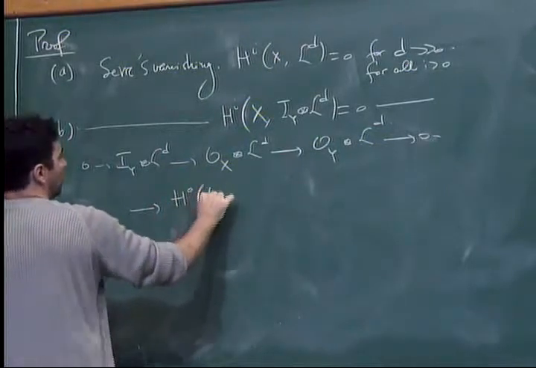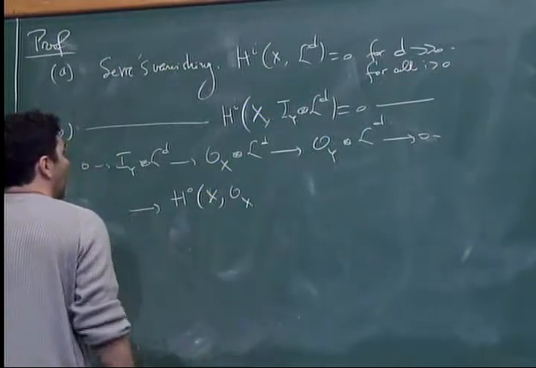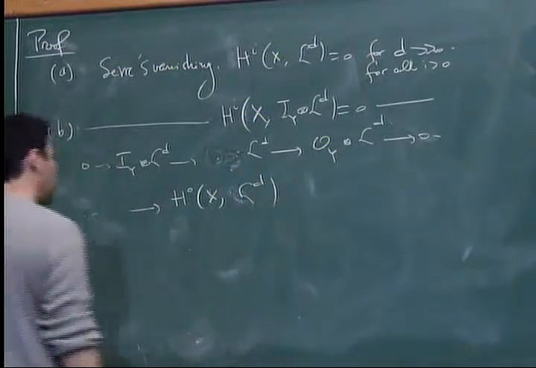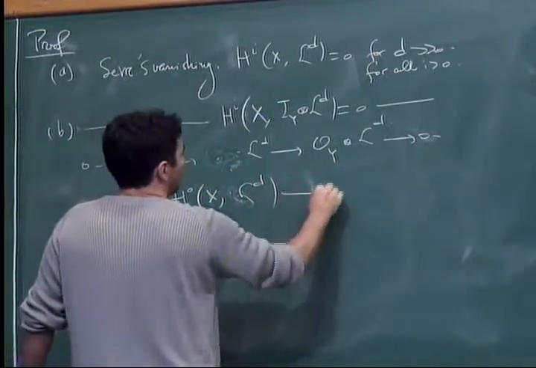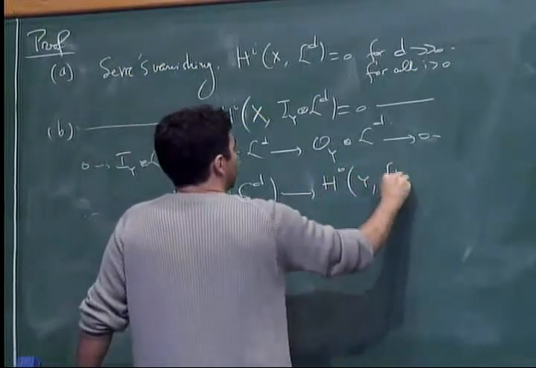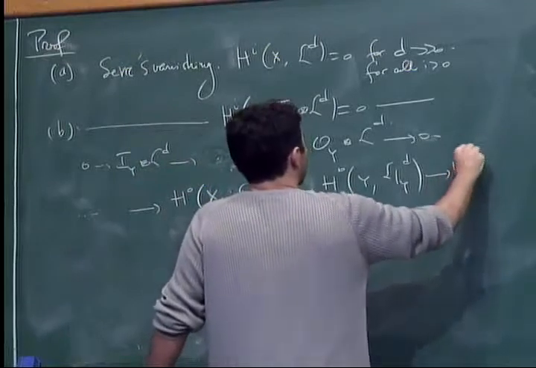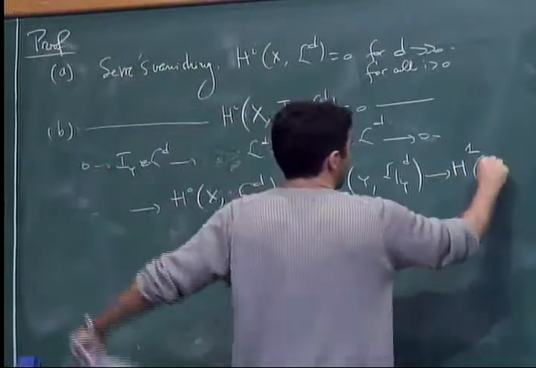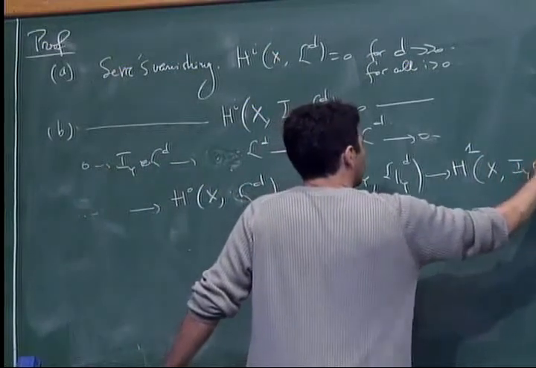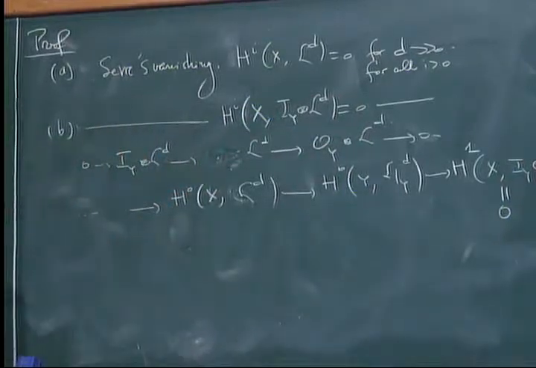From X, L^d, you restrict, and the cokernel is contained in the H^1 of this guy.